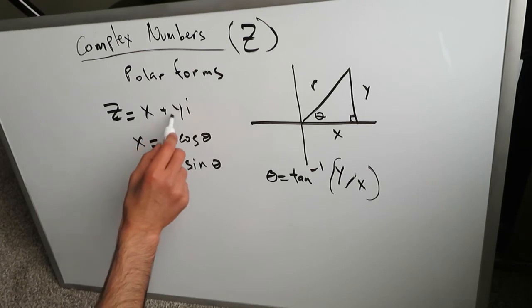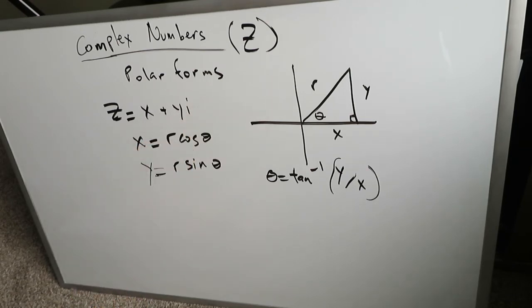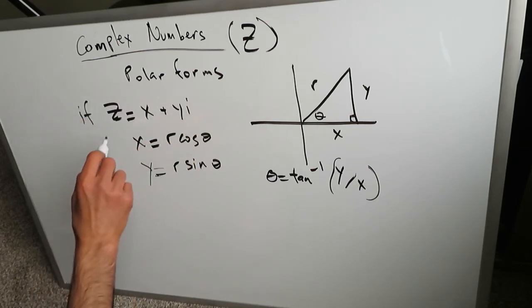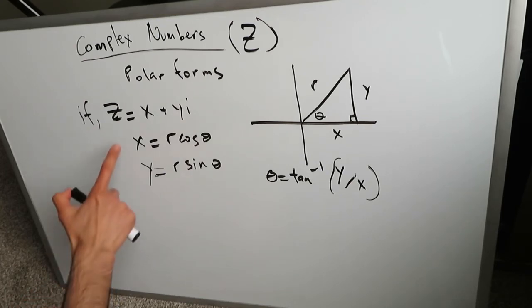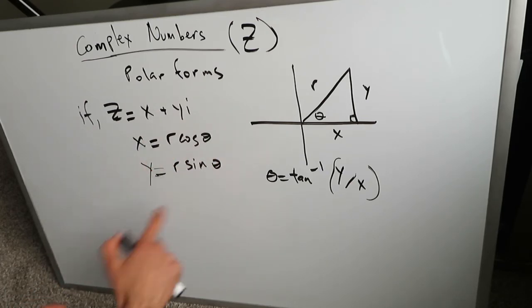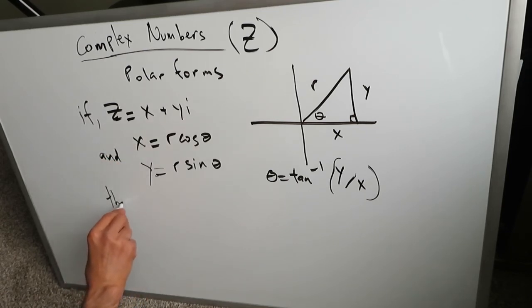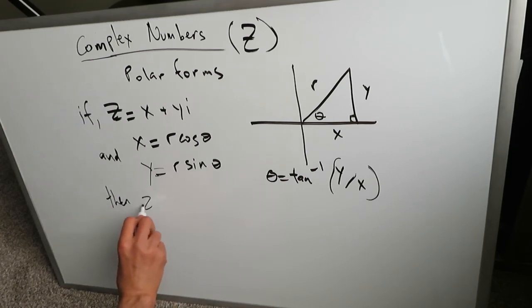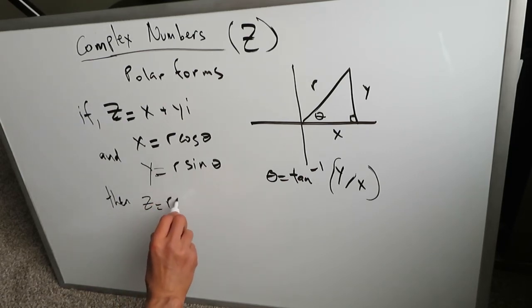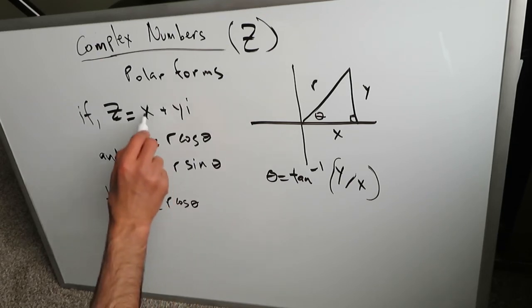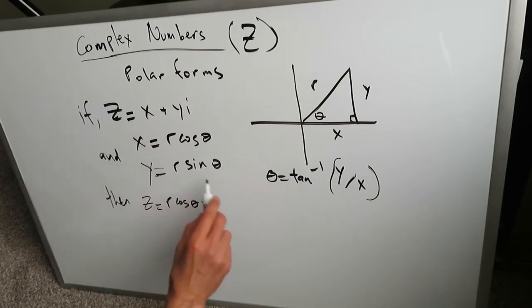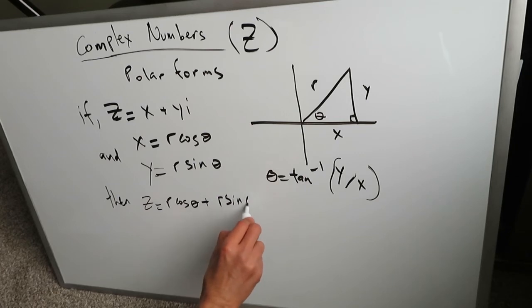If z is equal to x plus yi, and I've shown you x is equal to this and y is equal to this, and you have both of these, then substitute. What is z also equal to? z is equal to r cosine theta, which represents your x part, plus r sine theta, which represents your y part, and you've got to not forget this i, right?